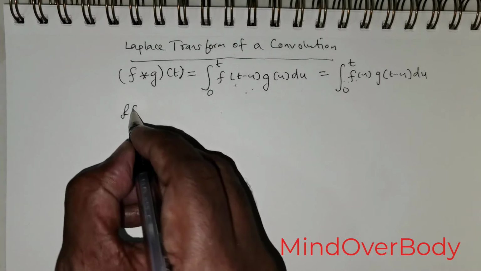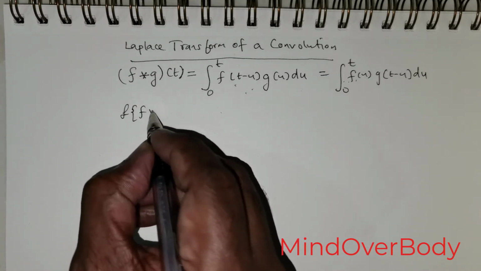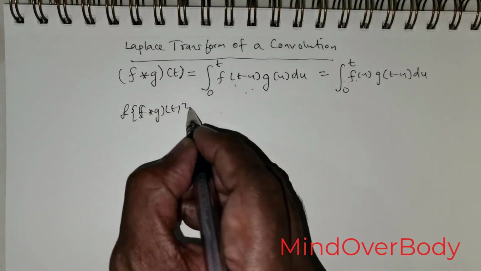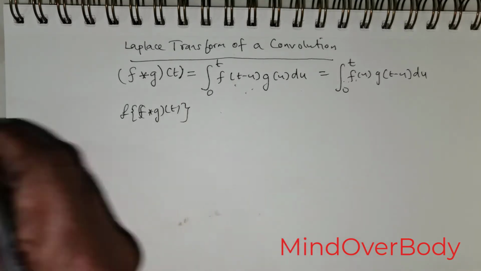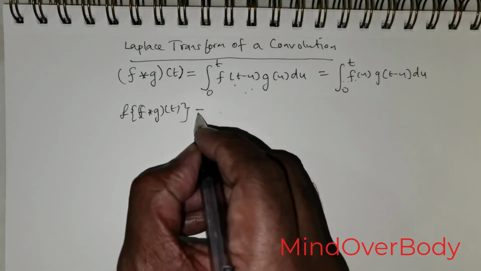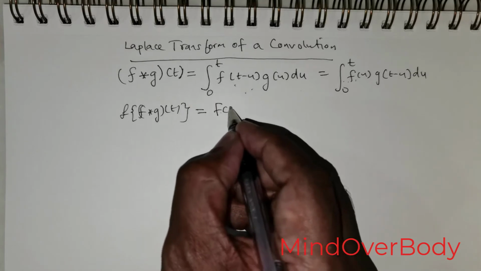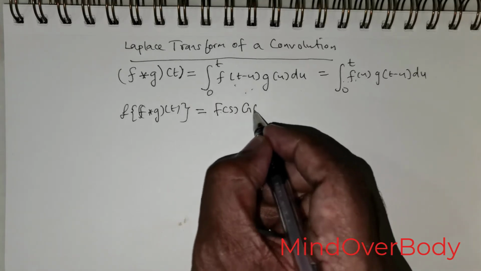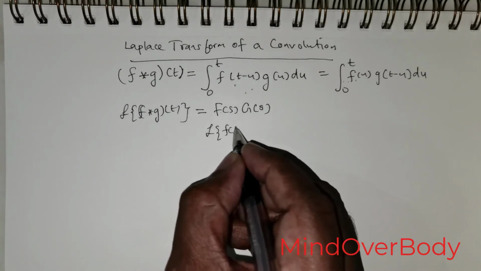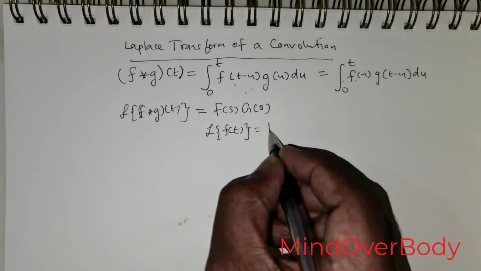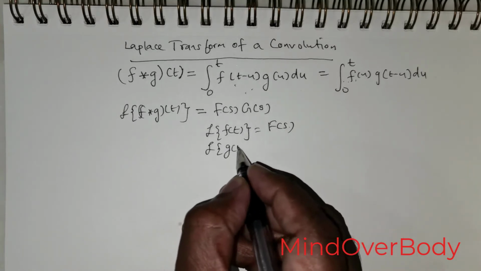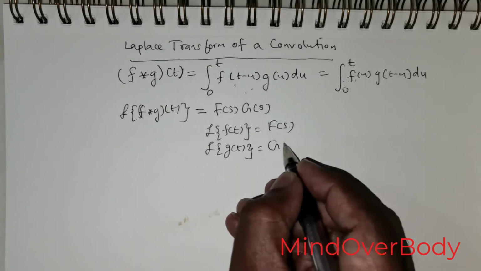Now, if we are expected to apply Laplace transform to the convolution of two functions, then the outcome is equal to F of s multiplied with G of s, where the Laplace transform of f of t is capital F of s and the Laplace transform of g of t is capital G of s.